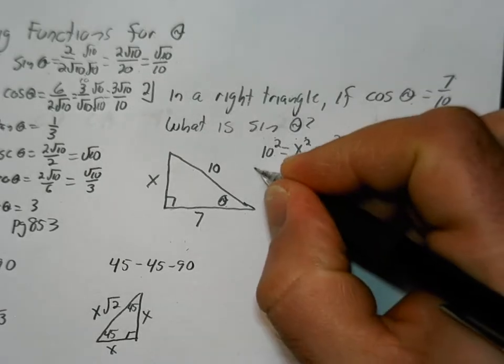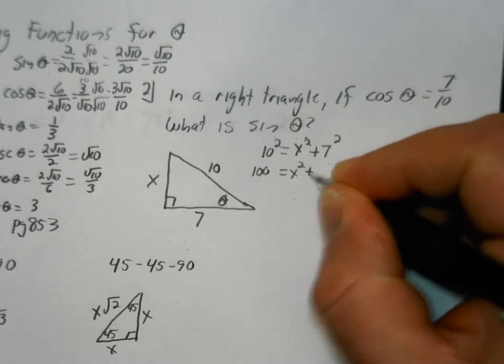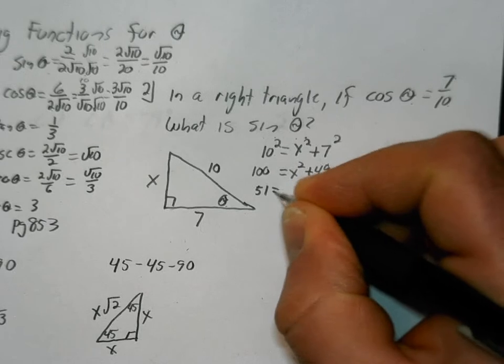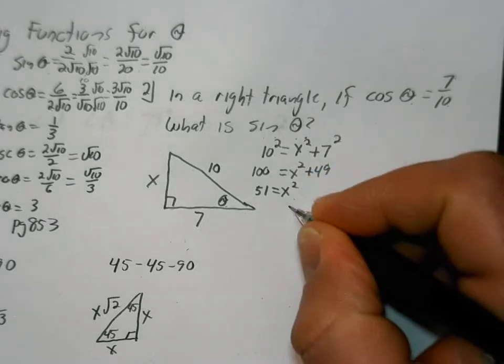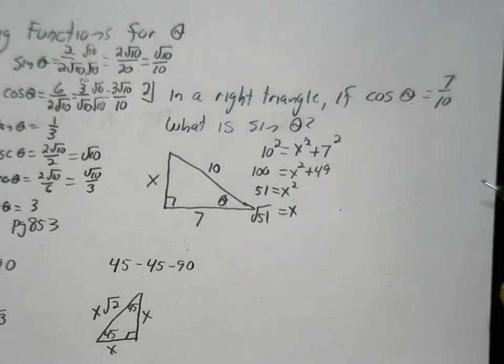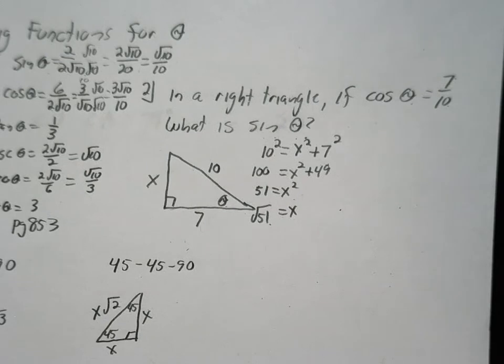So we have 100 equals x squared plus 49. Subtract 49, I'm going to get 51 equals x squared. So x equals the square root of 51. I don't think we can simplify that down.